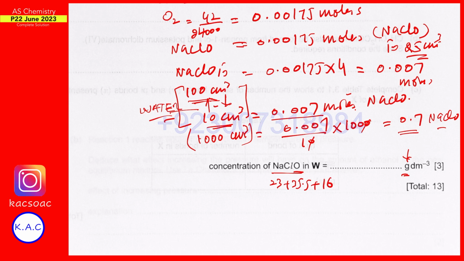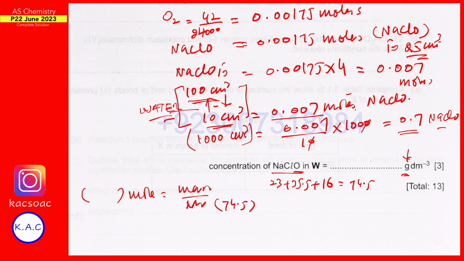So 23 plus 35.5 plus 16, and that is equal to 74.5.